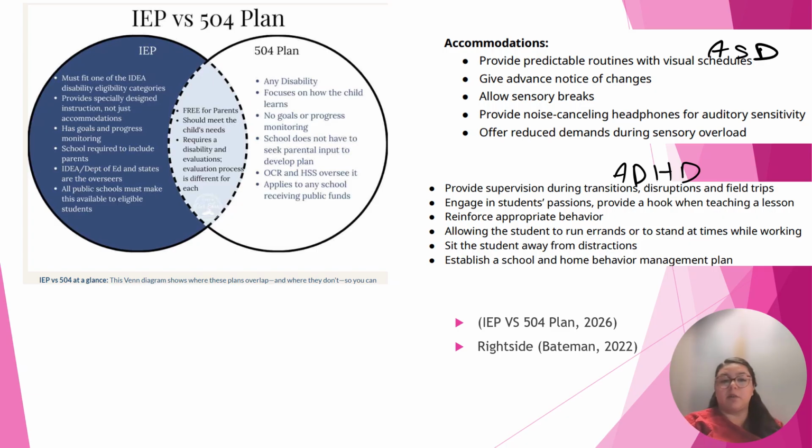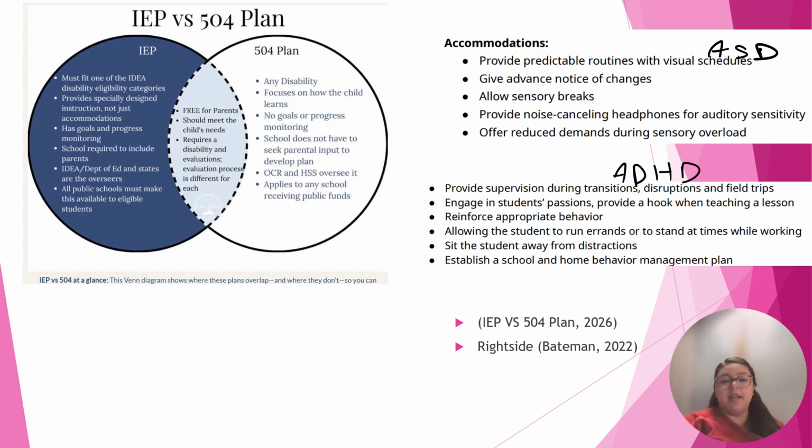These have specific qualifications. There's a set of diagnoses that are actually going to qualify for an IEP. Whereas the 504 plan is from the Rehabilitation Act of 1973, a civil rights law, and this requires substantial limitations, where someone has substantial limitations and a disability.